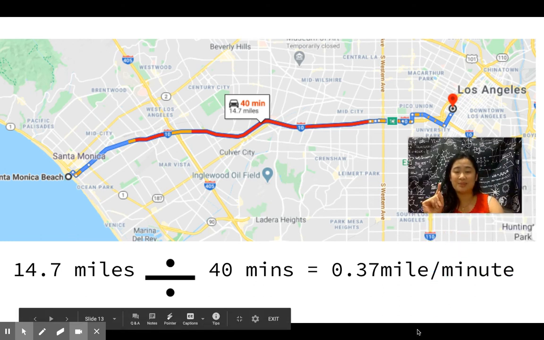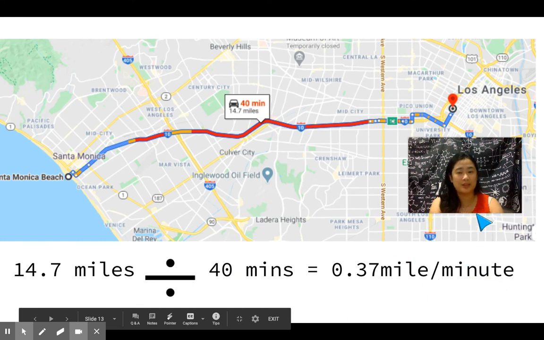That slash means per. Okay. Remember your measurements. When you are labeling your numbers, you have to label the distance divided by that time. So we use miles, 14.7 miles. We divide by 40, and we got 0.37 miles per minute.